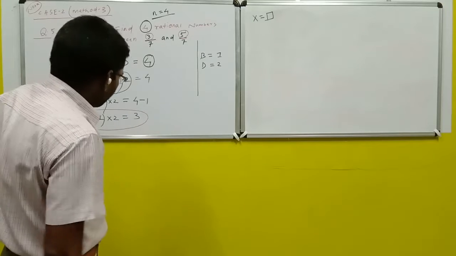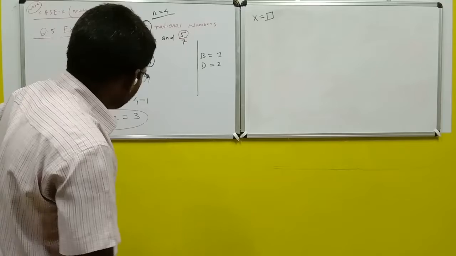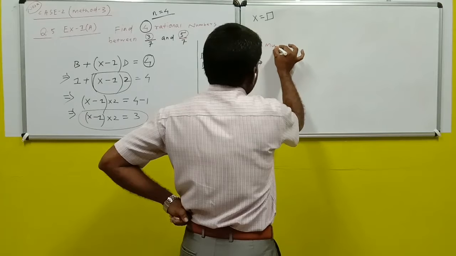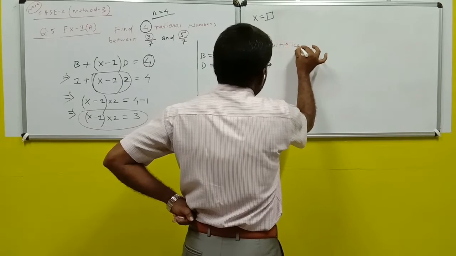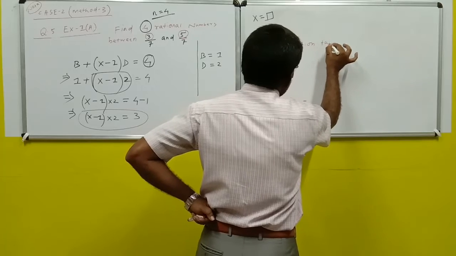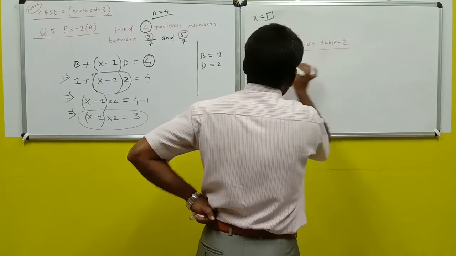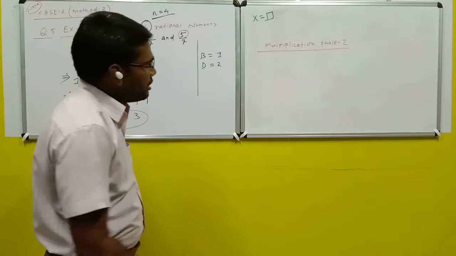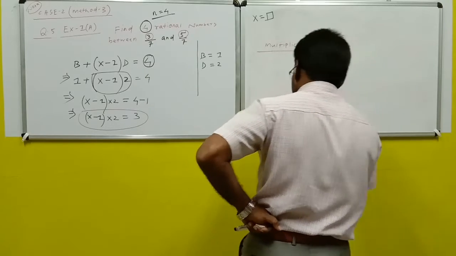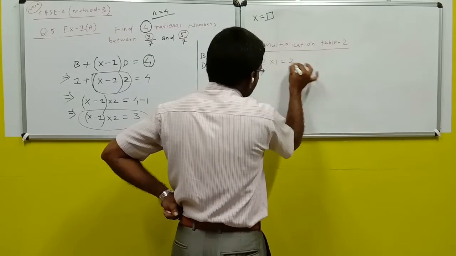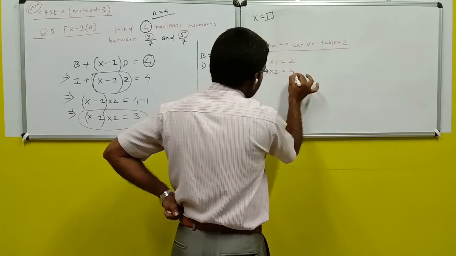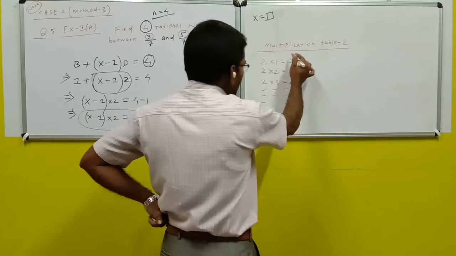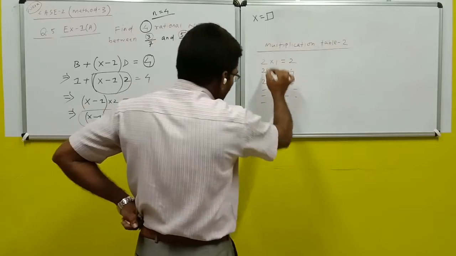But students, already you know that multiplication table 2 में ये जो नंबर 3 है ना, ये टेबल 2 में नहीं है. Yes, check it. 2 1 जा 2, 2 2 जा 4, 2 3 जा 6 and so on. And you see that there is no 3 in table 2.